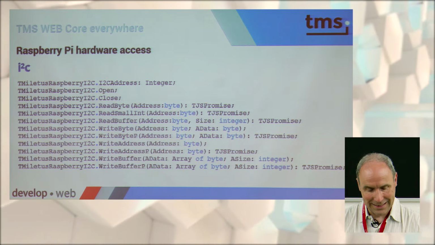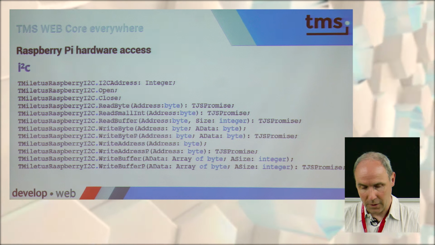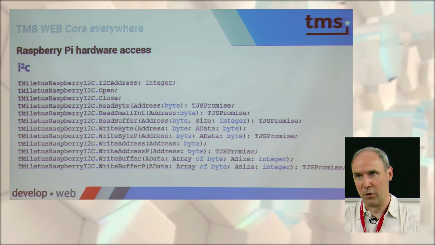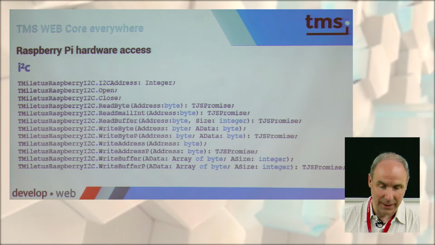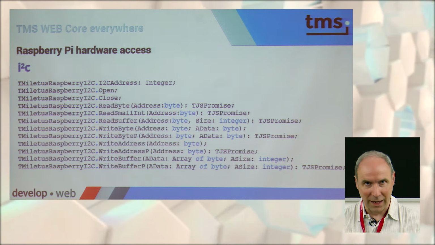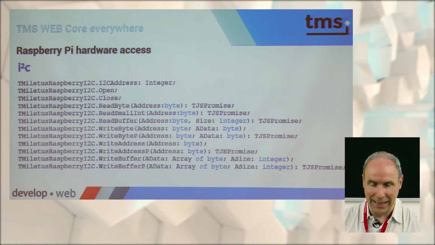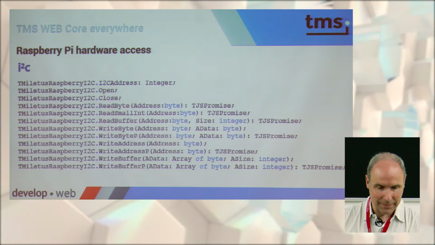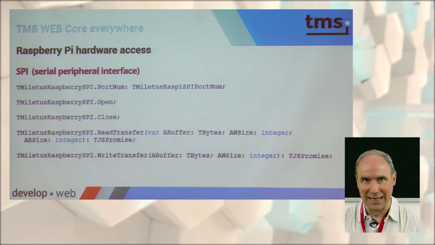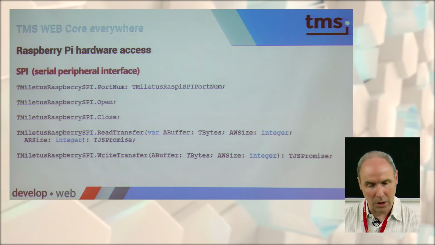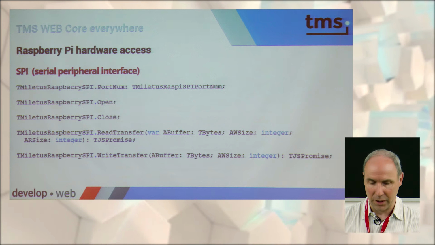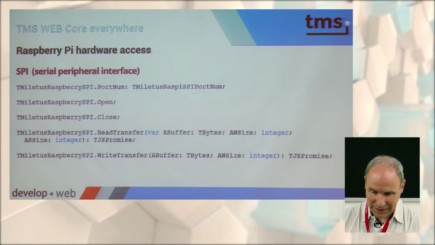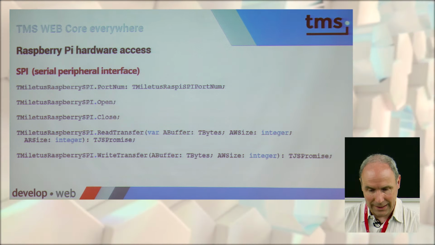So this is an overview of the methods for working with I2C. So reading, writing to specific I2C addresses is possible, as you can see. The same applies for the SPI interfaces on your Raspberry Pi, where you can also do read and write transfers of data.